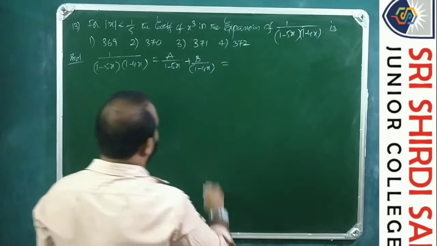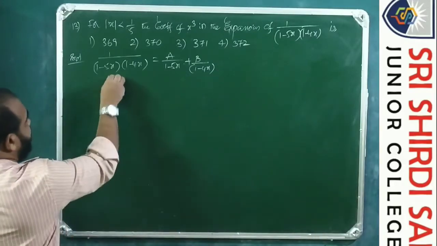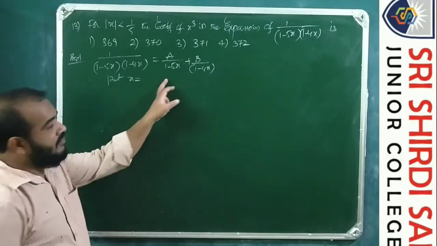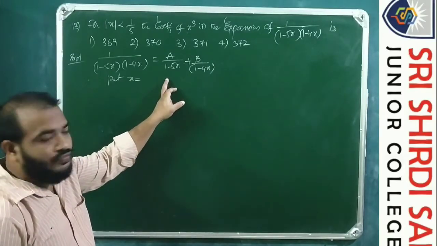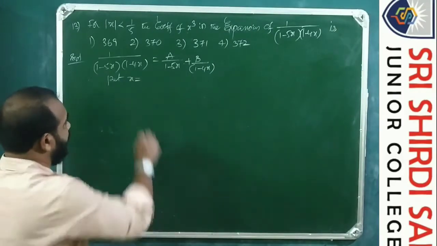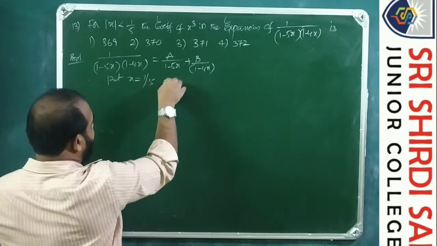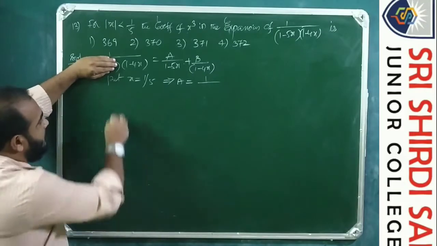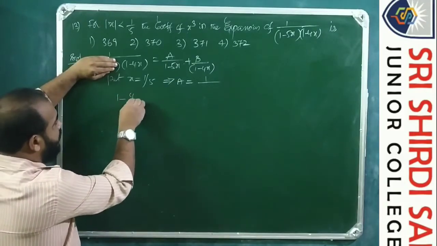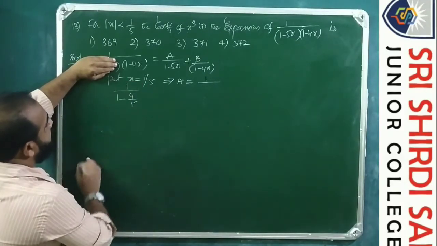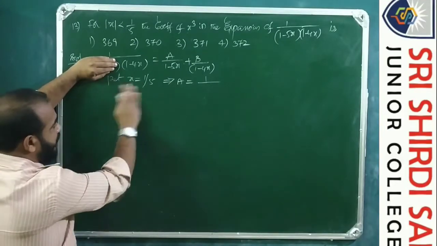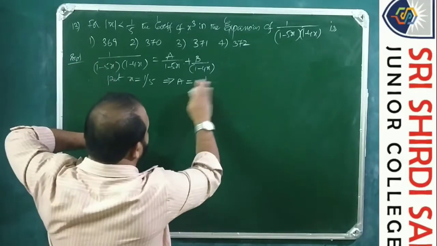So put x equals to, 1 minus 5x equals to 0, 1 equals to 5x, x is equals to 1 by 5. Then a is equals to 1 by, covering this, 1 minus 4 into 1 by 5, which is 5 minus 4 by 5, 1 by 5, so the a value is 5.